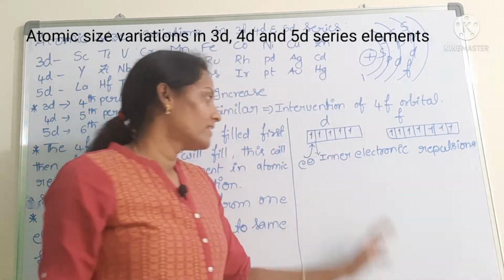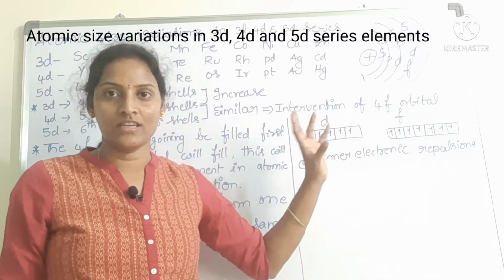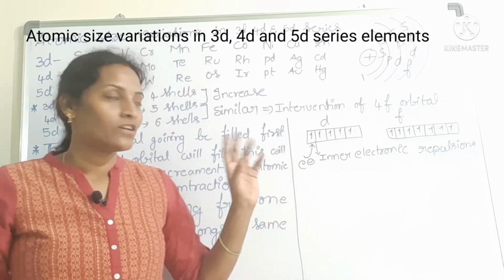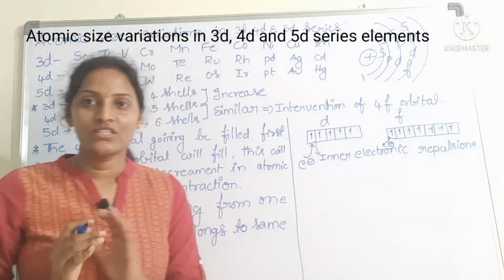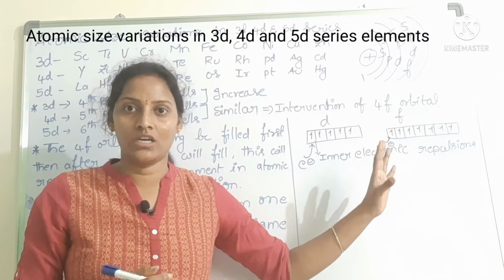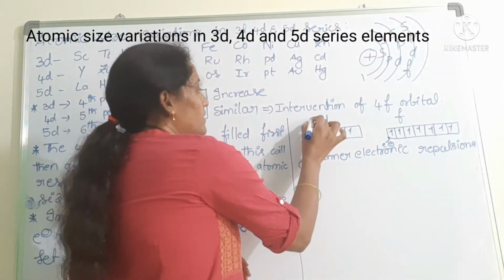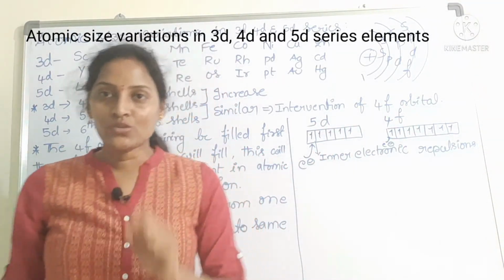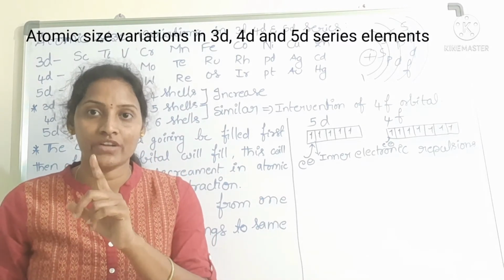See here, in the same manner the f orbital also contains these. The same situation happens in the f orbital, so there are also some inner electronic repulsions. Now compare between these two orbitals, f and d. This is the 5d, and imagine this is the 4f. Whichever has less repulsions is going to be filled first.